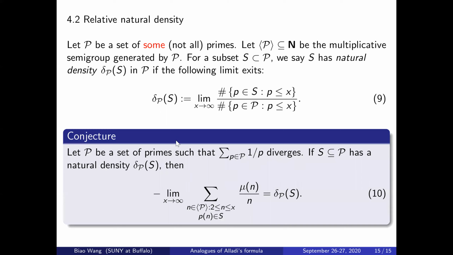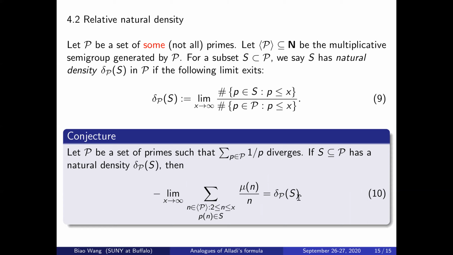Then our conjecture is that if the sum of the reciprocals of the primes in P diverges, then we also have the Alladi formula.